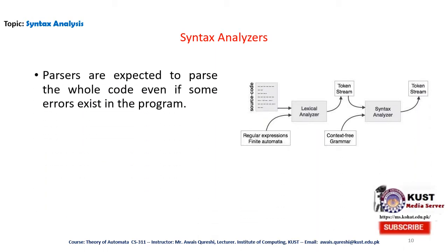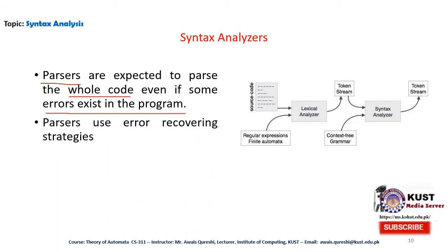Parsers are expected to parse the whole code even if some errors exist in the program. So these are somewhat similar to compilers in the sense that they are expected to parse the whole code, not line by line, but the whole code, even if some errors exist. And parsers use error recovery strategies, which we have seen in many IDEs, in which the parser or syntax analyzer will give you some highlights about the error.